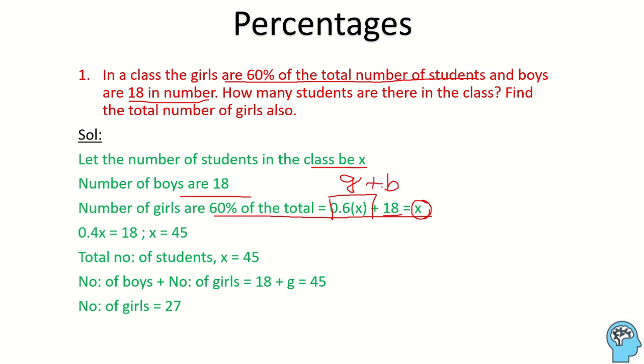So girls plus boys will be the total number of students. Just simplify this equation. 0.6x will go to this side of the equation and become minus 0.6x.